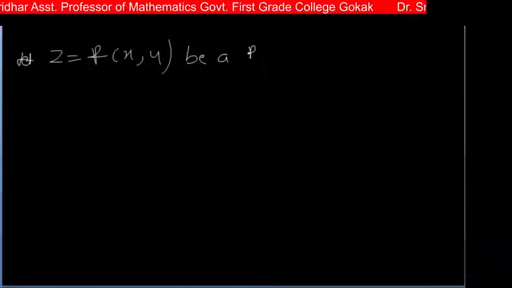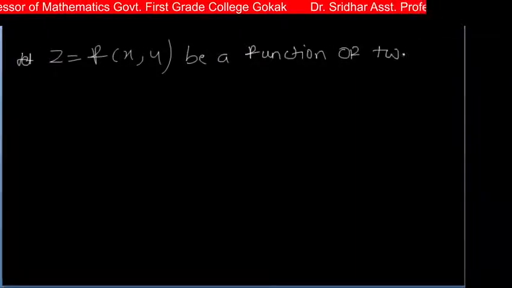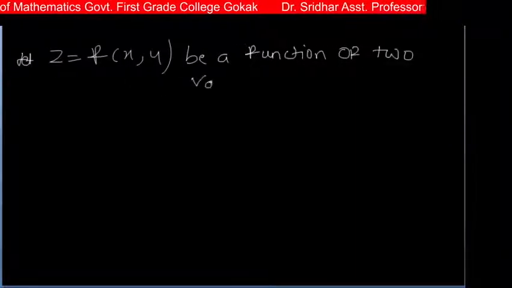Right? So here, to define partial differentiation, let z is equal to f of x, y be a function of two variables.